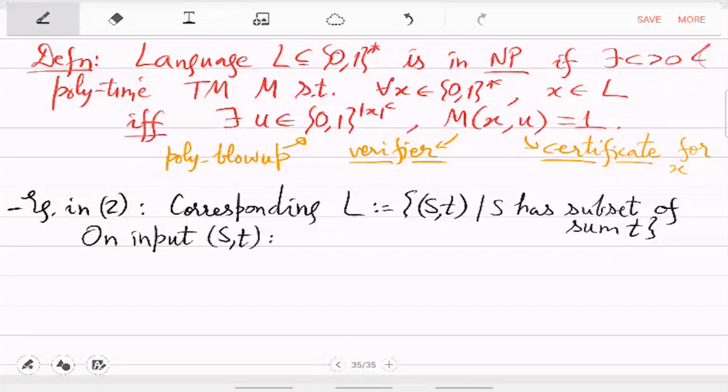The verifier basically guesses this certificate. So certificate U is the subset of S of sum T.